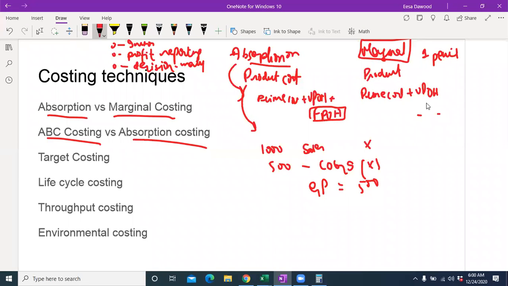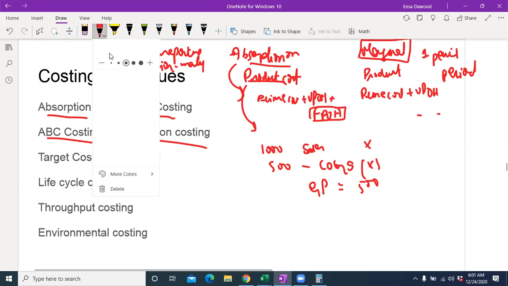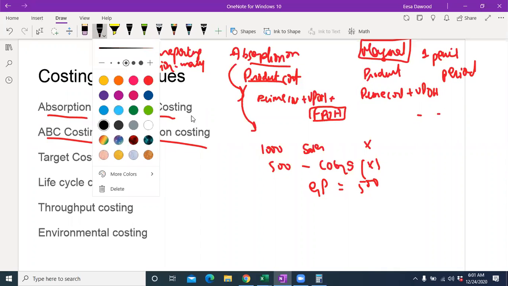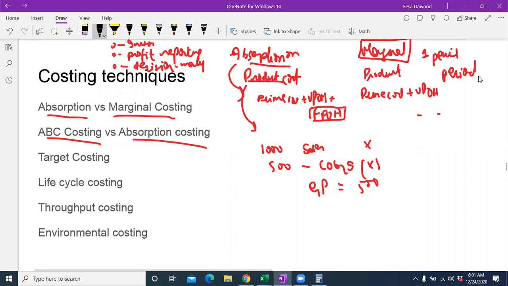But marginal costing considers the fixed cost as a period cost. The difference between a product and a period cost is that product cost is charged up to the unit sold. However, period cost is charged in entirety for the period it belongs to, for which you're making the profit statements.